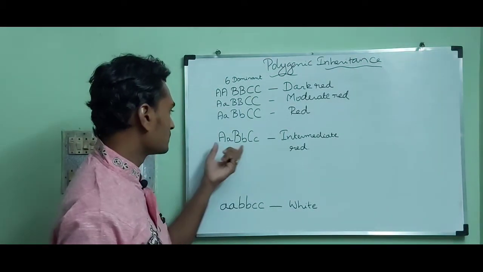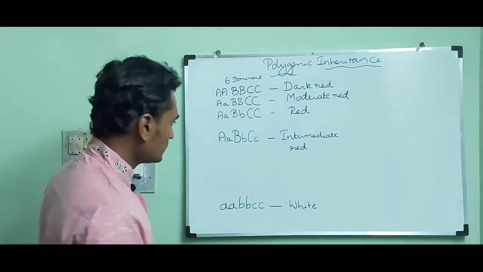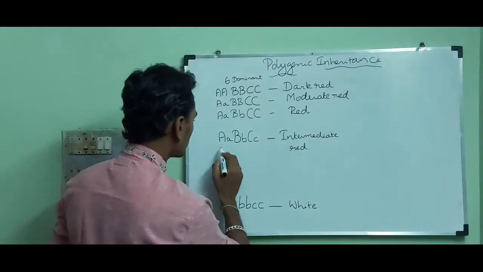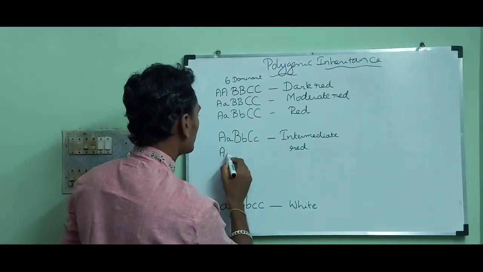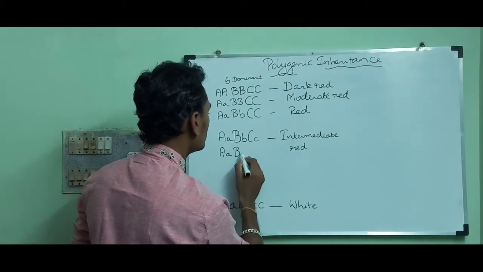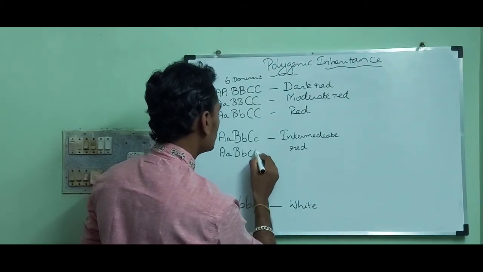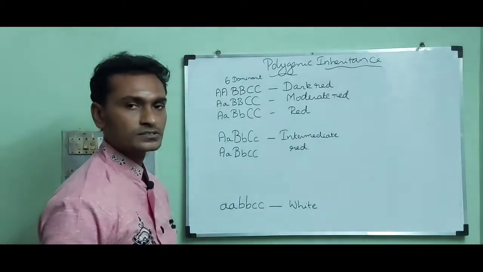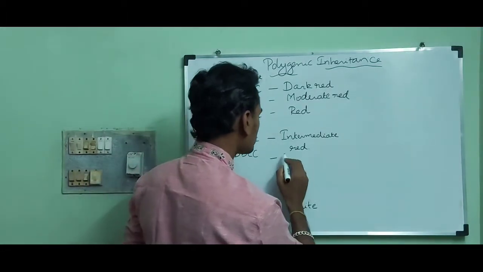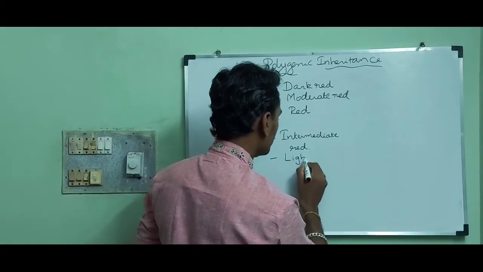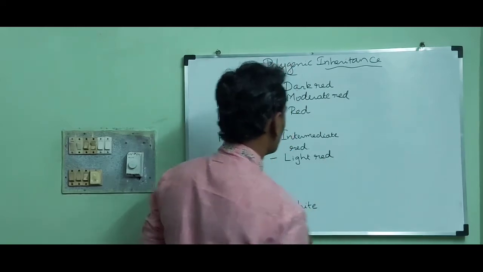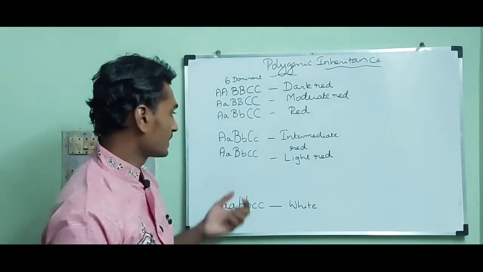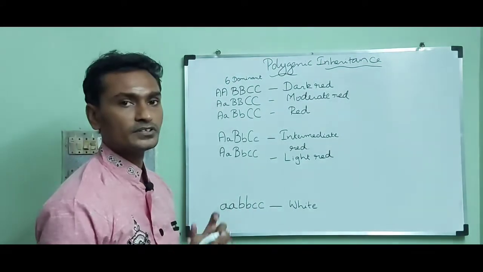Then the intermediate value with 3 dominant alleles. Then again from 3 it is going to be 2 dominant. So capital A, small a, capital B, small b, small c, small c. Here only 2 dominant alleles are present, so the phenotype would be light red. So it is gradually decreasing in color due to the presence of fewer dominant alleles.